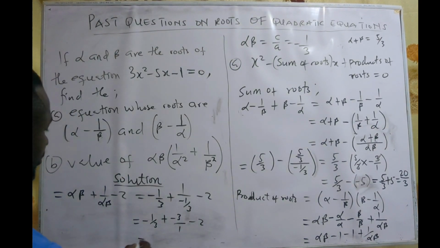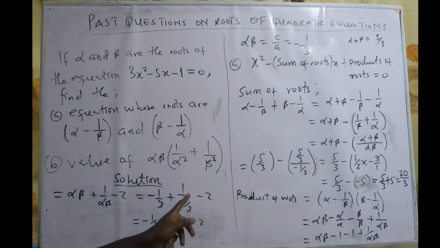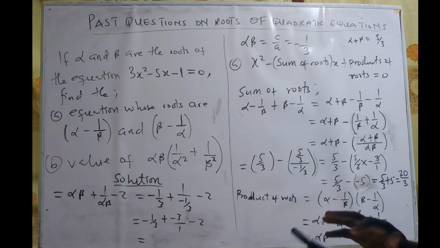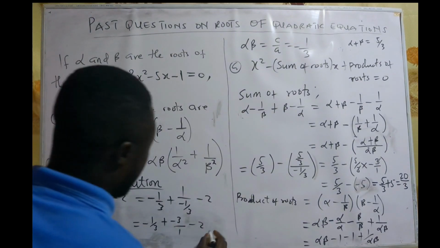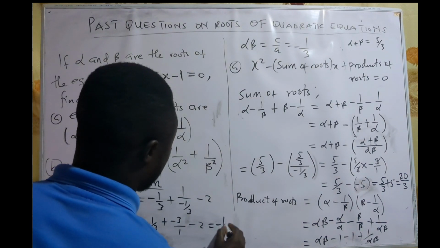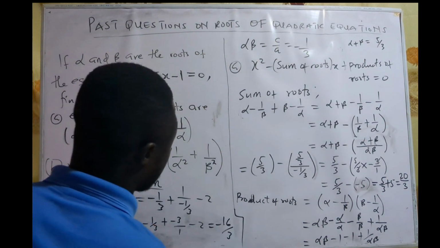So this is 1 over minus 1 on 3, like 1 times minus 3 on 1. So let me use the calculator: minus 1 on 3, plus minus 3, minus 2, and that is going to give us minus 16 on 3.